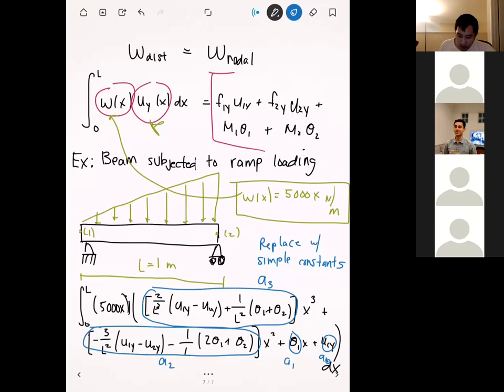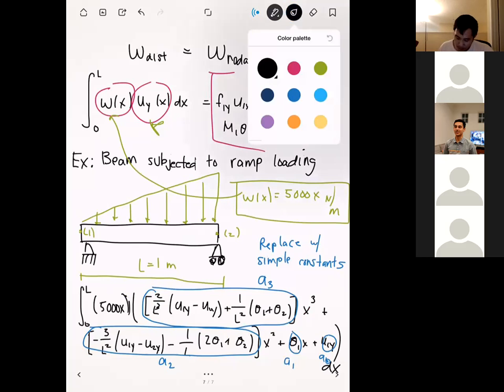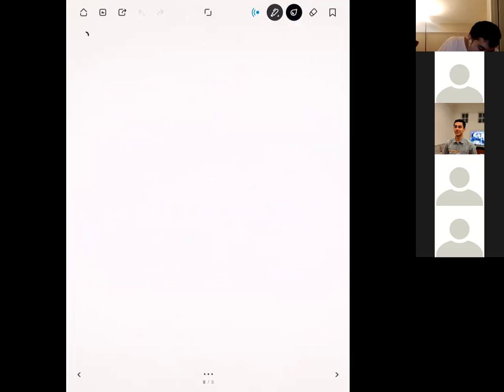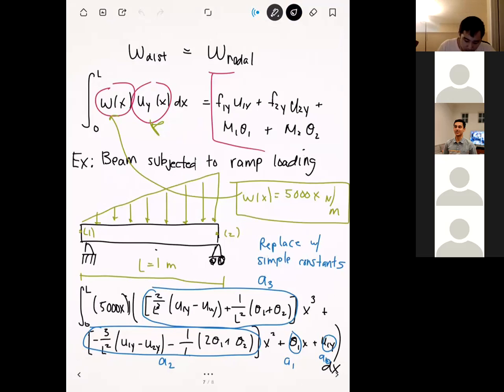Let me rewrite this integral with those constants, just to save us some sanity. The integral we're going to perform is from 0 to L, and we can plug in for L at this point, because for this particular problem, L is 1.